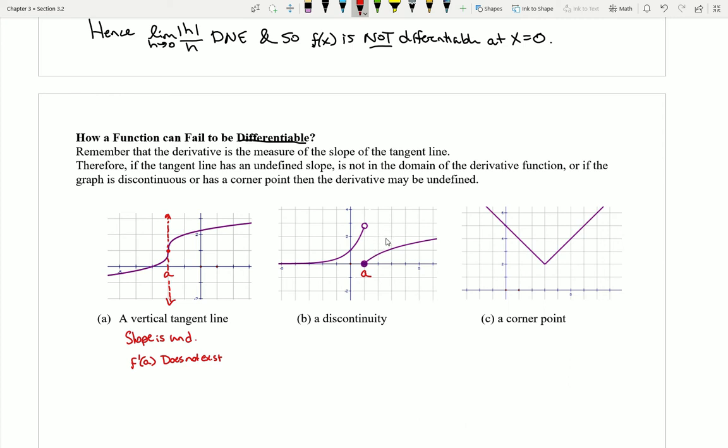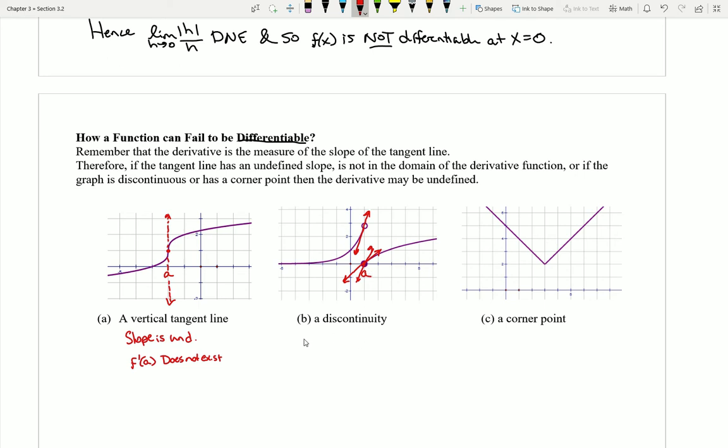Part of the reason is that at this point I can almost imagine multiple tangent lines, all moving roughly in the same direction as the curve.